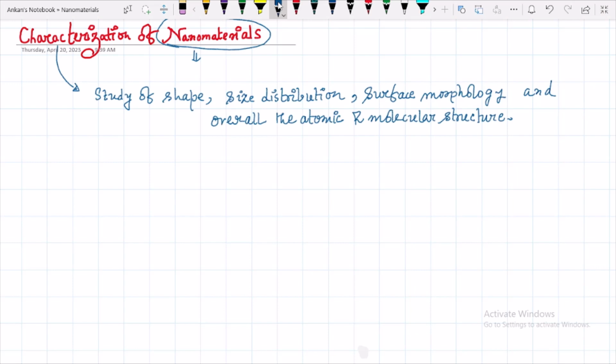The most important local probe methods for characterizing nanomaterials are X-ray based techniques.